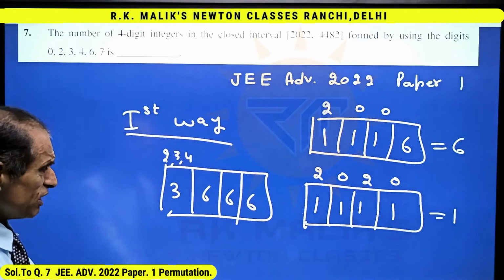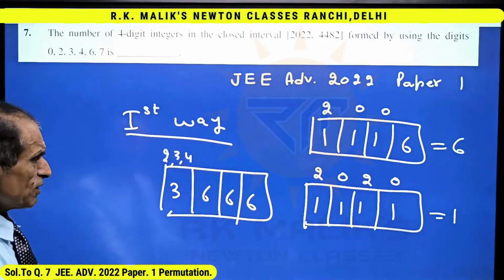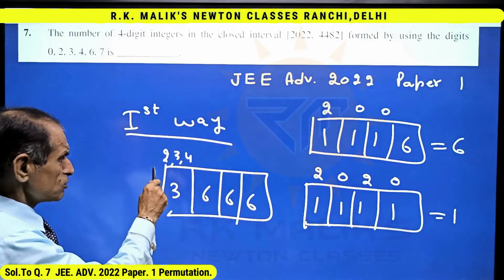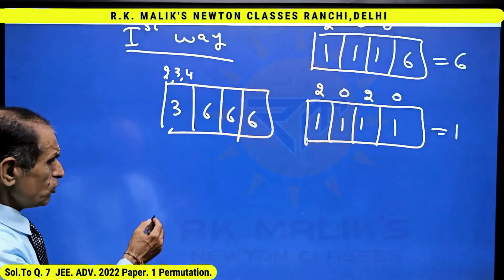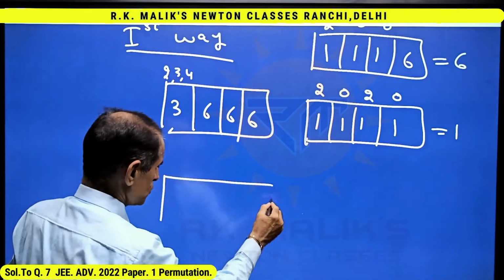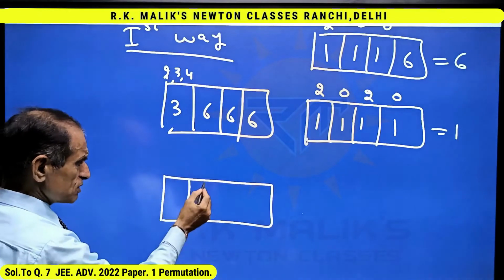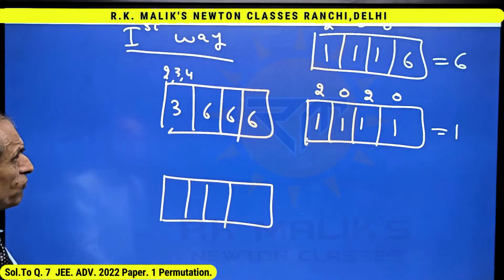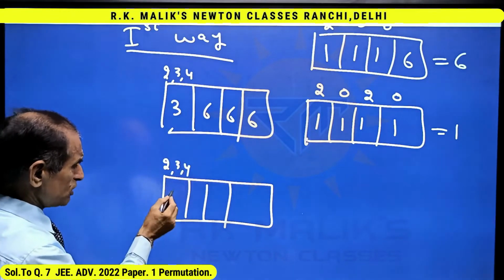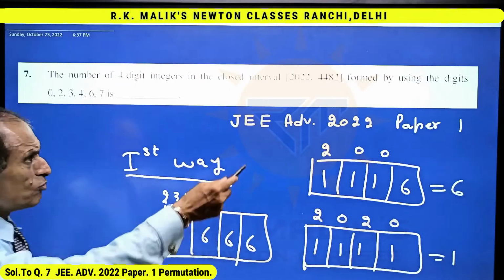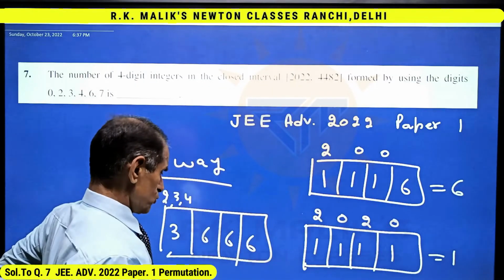Note that I have given attention to only those numbers which have the digit 2 or 3 or 4 in the first place. And now I'll find those numbers which have digit 2 or 3 or 4 in the first place and are more than 4482.